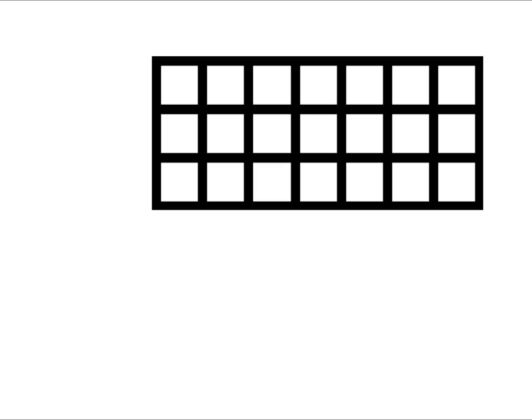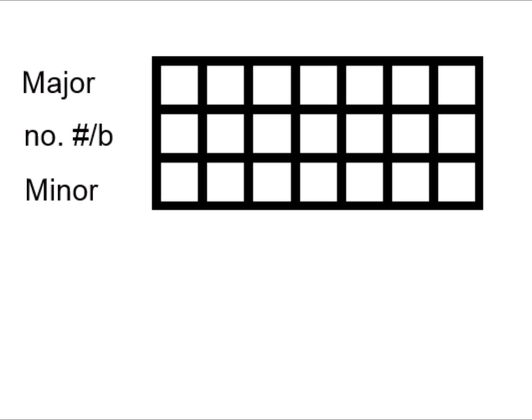To do this, we're going to start by making key tables. These tables will contain all the information we need to be able to work out key signatures and relative minors and majors. We start by drawing a grid which has 7 columns and 3 rows. The top row will be our major keys and the bottom row will be the minor keys.